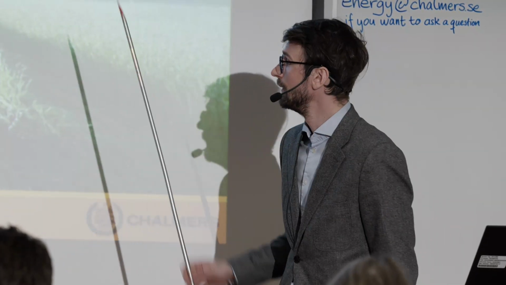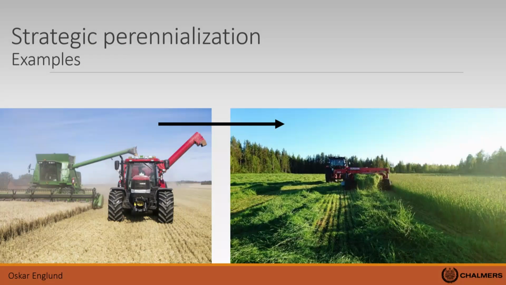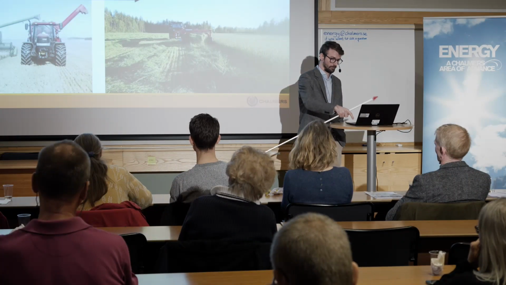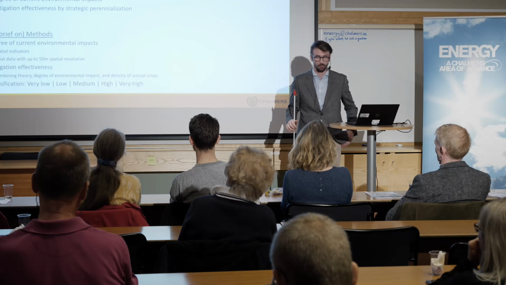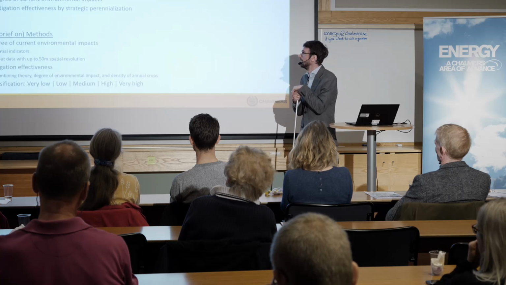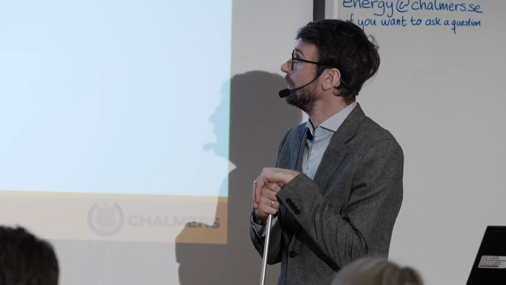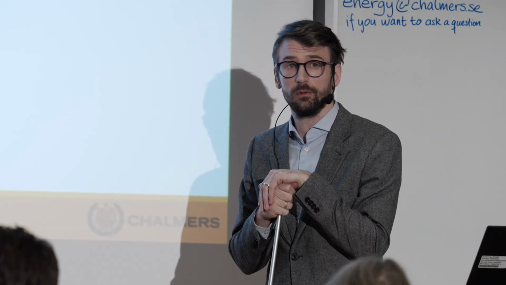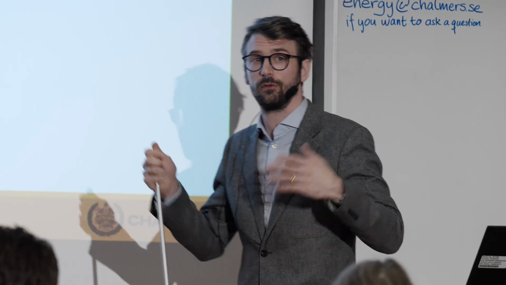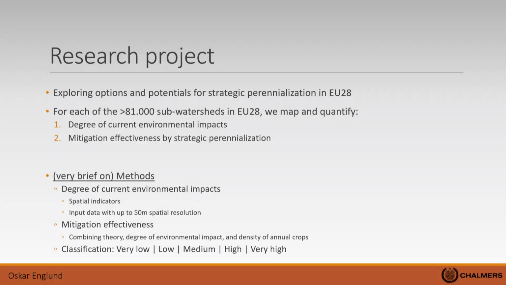And as we have talked about extensively today, we can also convert cereal production or annual crop production into grass production with substantial environmental benefits. So the research project that I will show some results from today is where we try to explore the options and the potential for these types of strategic perennialization at EU level.